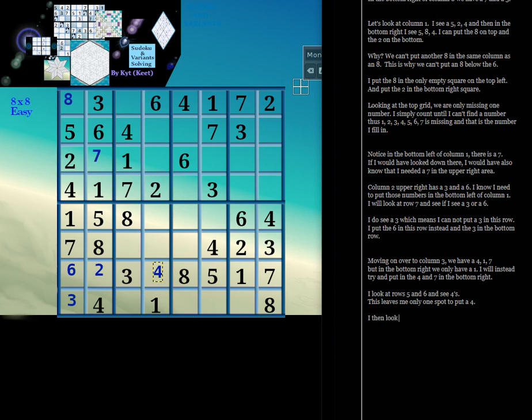I then look for a 1. I already have the 1, so let's look for a 7 instead. I see a 7 in row 6, so I put the 7 in row 5.